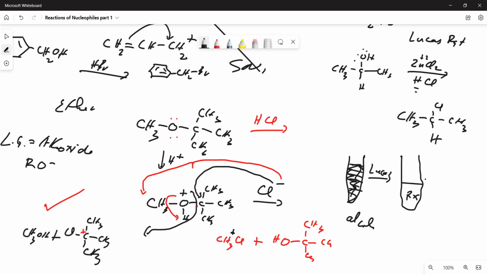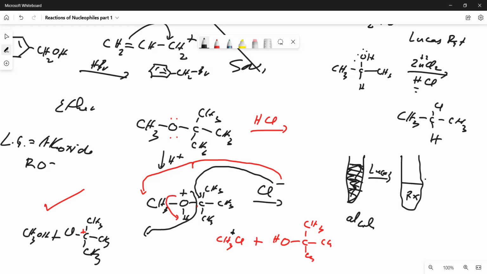And they vary in terms of the formation. Of course, the tertiary is the fastest, because in SN1 reaction, it forms a carbonium, then it will easily appear. The secondary is less reactive, because the carbonium is less stable, it will appear after 5 minutes. The primary, which is the least, maybe it will take several days for you to observe that.